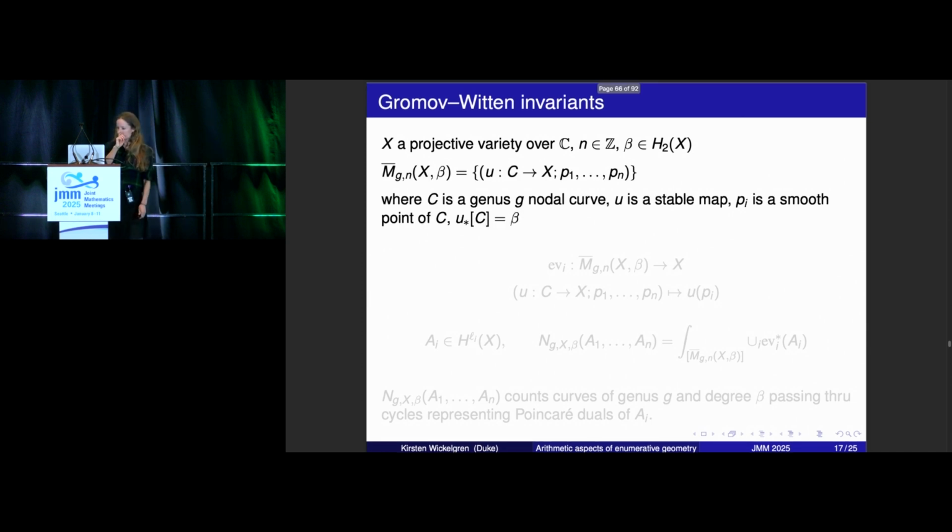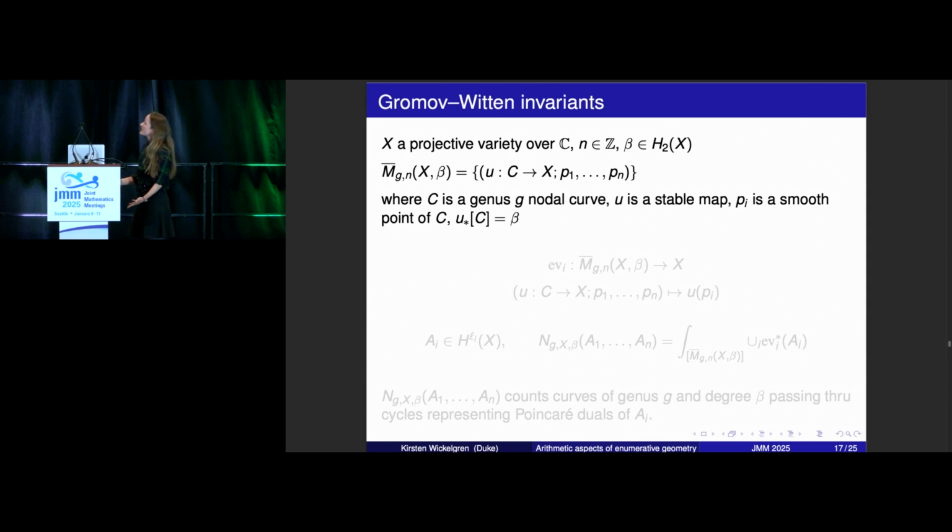And so we'll make a moduli space or stack of all of them. So let's let M bar g,n(X) be a moduli stack that parameterizes maps from a curve C to X. Call that u.